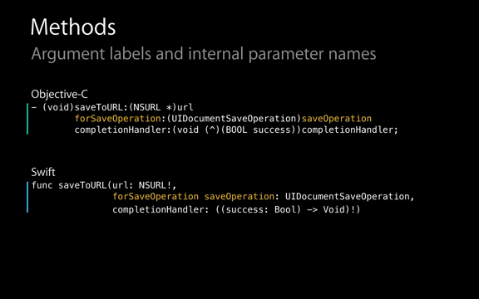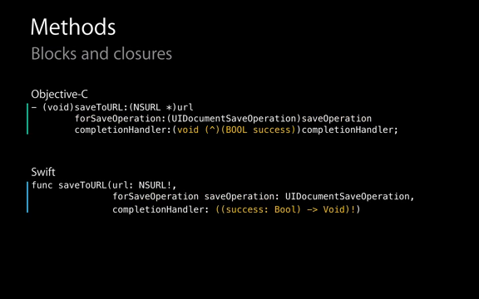The next thing I want to point out here is the block. So here we have a method that takes a block, and blocks in Objective-C get mapped into closures in Swift. You see, again, this is an implicitly unwrapped optional so that you can pass a nil block in here.